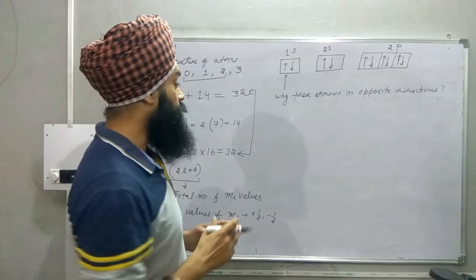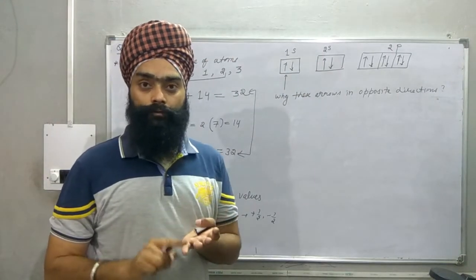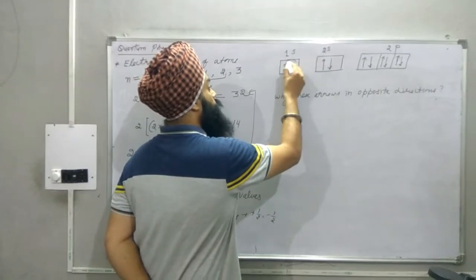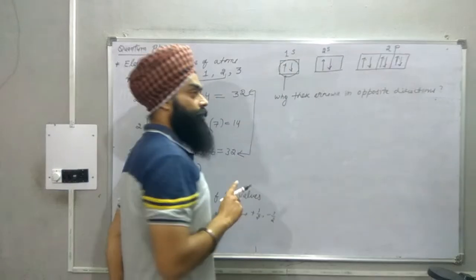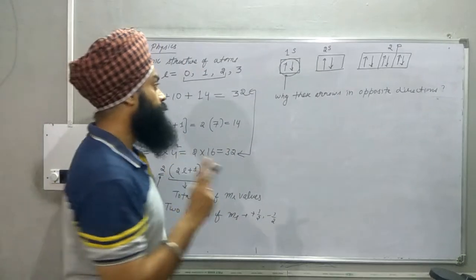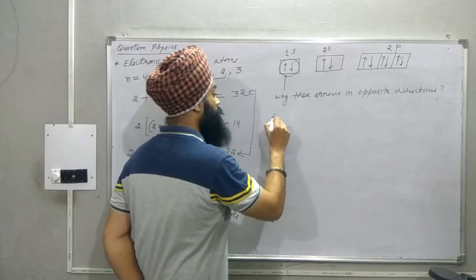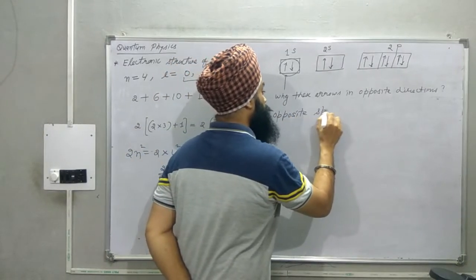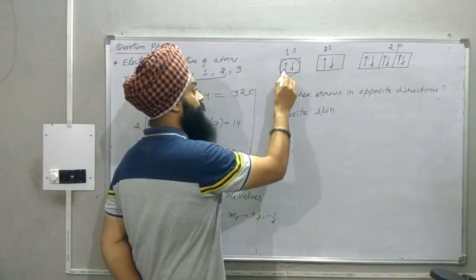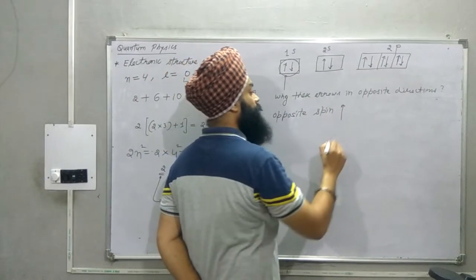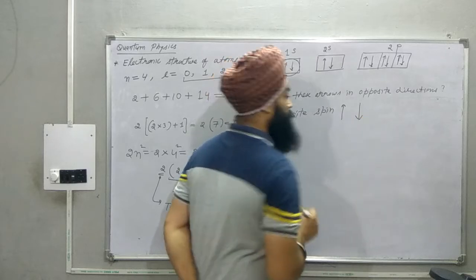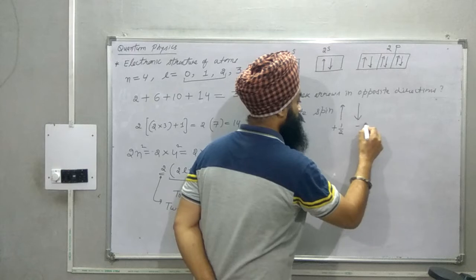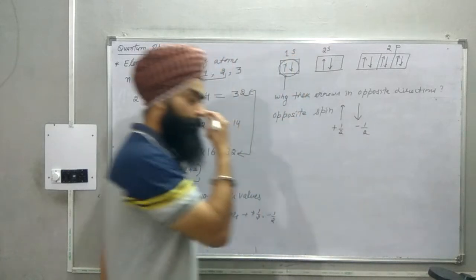The simple answer is the Pauli exclusion principle, which says that one state can accommodate 2 fermions and those fermions should have opposite spin. So that's why one electron has up spin, the other has down spin, and these arrows are represented by the numbers plus half or minus half.